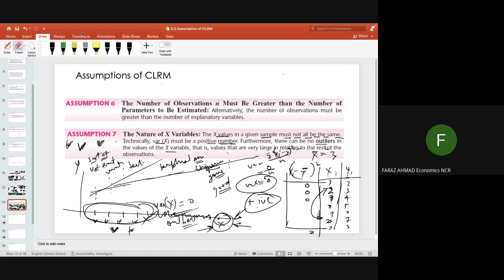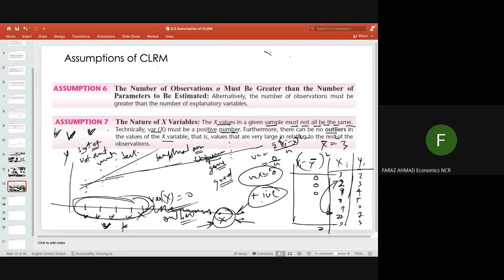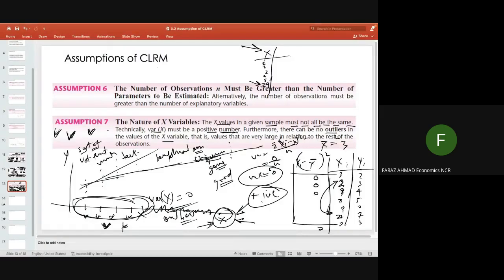So if you have values of x like this, 2, 3, 2, 4, 5, and then you have a value 29, this 29 seems to be an outlier, right? So this is an outlier and we don't want outliers in x, right? Got it, sir.